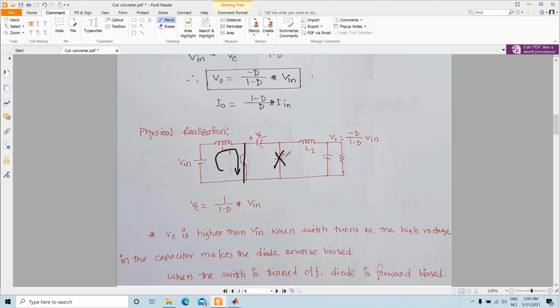That means during that time the current through the diode should be 0, and whenever your switch is turned off, at that time your diode is conducting. During that time you have this current charging like this, and the other going like this. So from this you can calculate the current that is flowing through the diode.